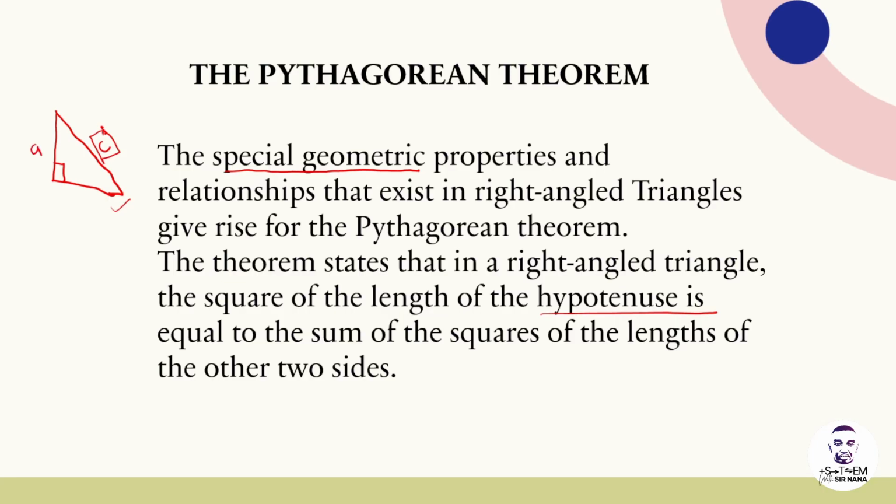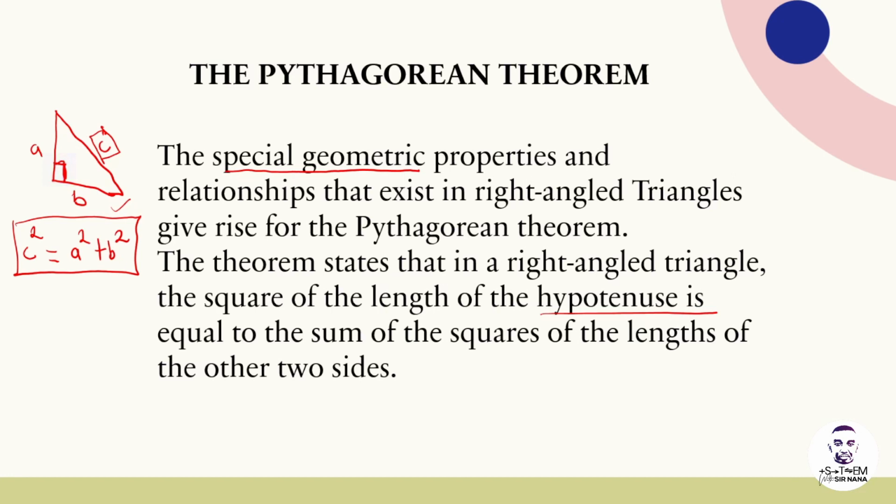Let's label them as A and B. So we can say that C squared is equal to A squared plus B squared. This is basically the Pythagorean theorem, and as we mentioned, it comes out of the special geometric properties that exist in a right angle triangle, or the relationship that exists between the sides of a right angle triangle.